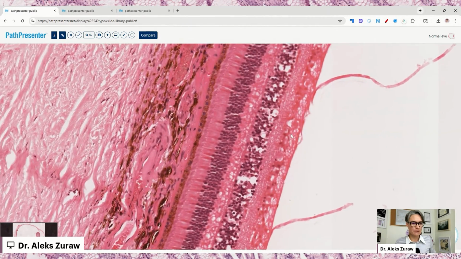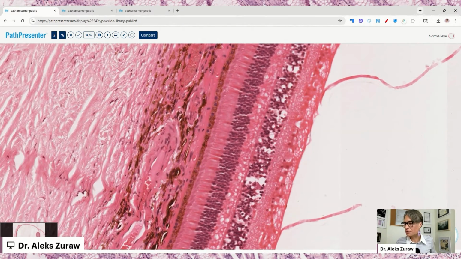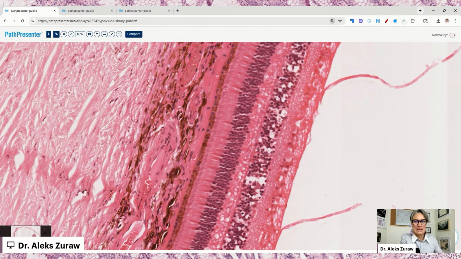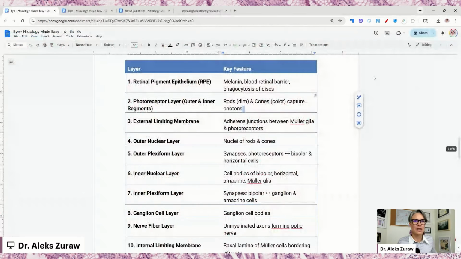You can distinguish several different layers of the retina. And I have a table in the notes about all these layers. Let me show the table to you. Honestly, if you have an exam or something, you will need to learn them. I never had to actually, in real life, talk about them.